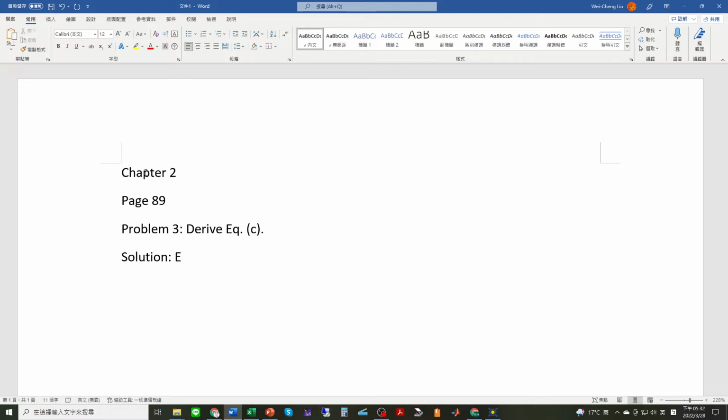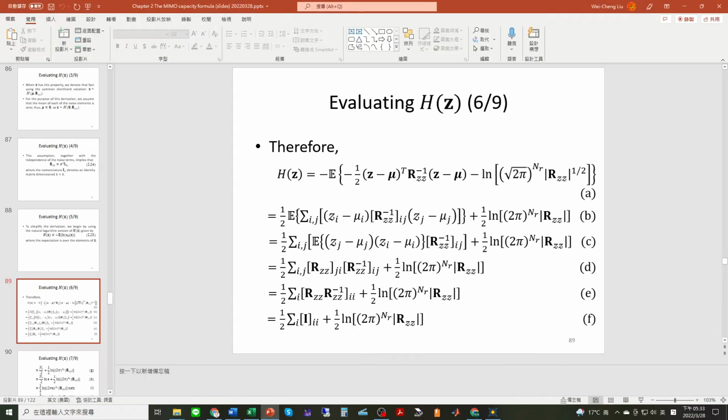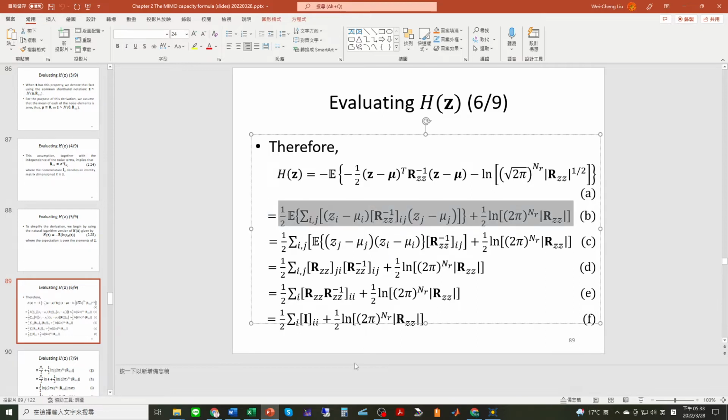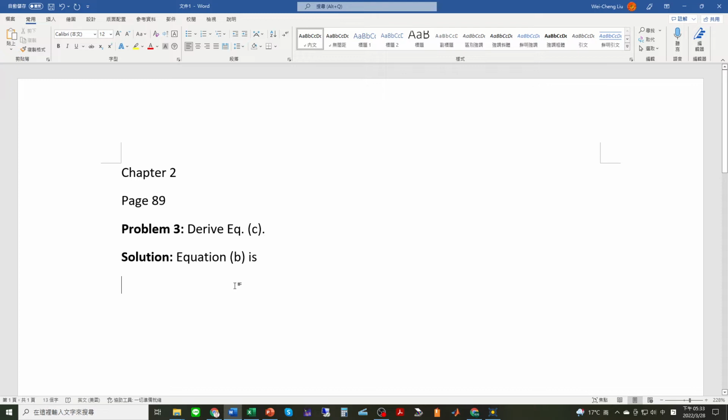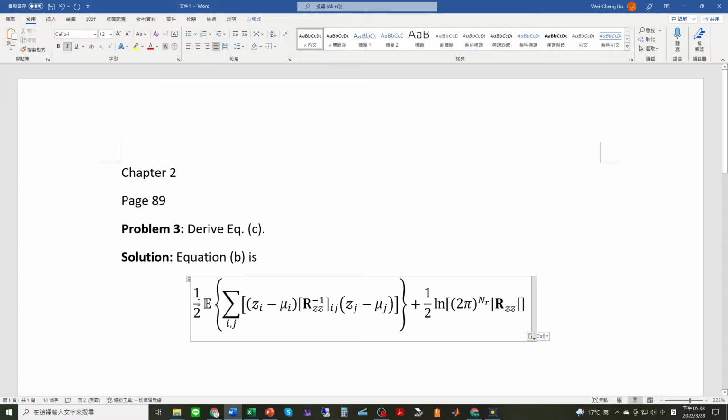First let us review what equation B is. Let us make the problem 3 and the solution boldface. Equation B is equal to this equation. Let me copy this and paste here. So it is equal to this equation.